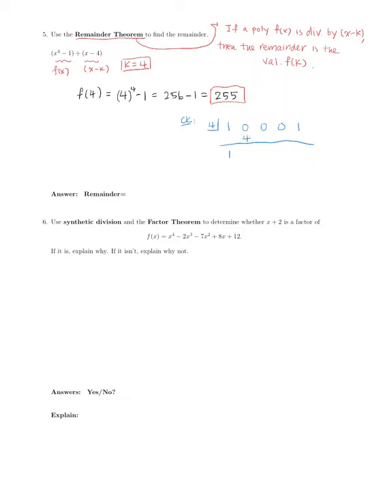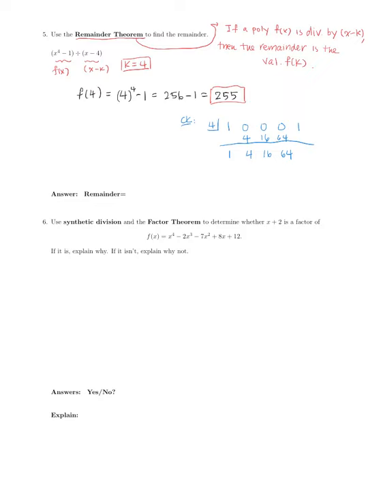You add now 0 plus 4 is 4. The next one, you go 4 times 4, which is 16. Now you add them vertically, so you're going to have 16. Next one, you go 16 times 4, that's what, 64? And add 0 plus 64, so you're going to have 64. And the last one is going to be 64 times 4.